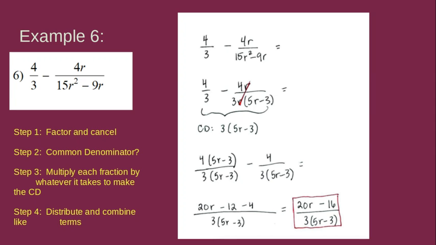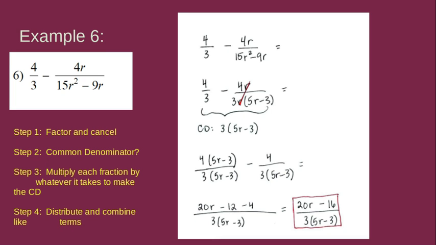The second step will be to find a common denominator. In this case, my common denominator will be 3 times the quantity 5r minus 3. Step 3 is to multiply each fraction by whatever it takes to make that common denominator. So you can see that I multiplied the first fraction by only the 5r minus 3 because it already had the individual 3. Then the last step was to distribute and combine like terms.